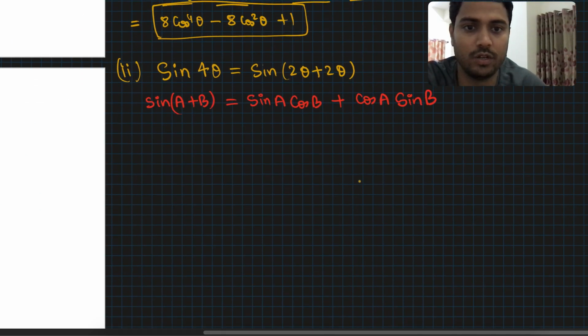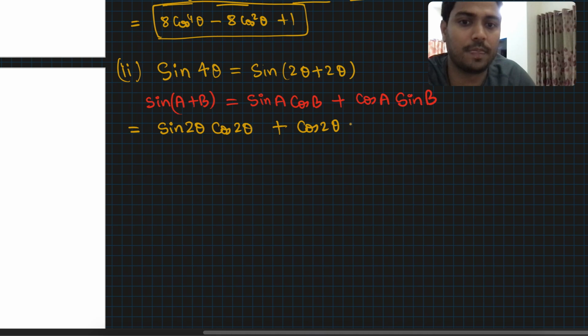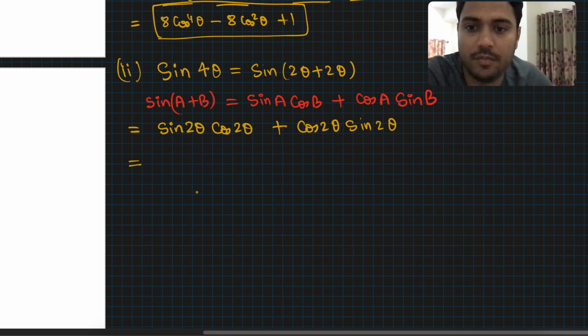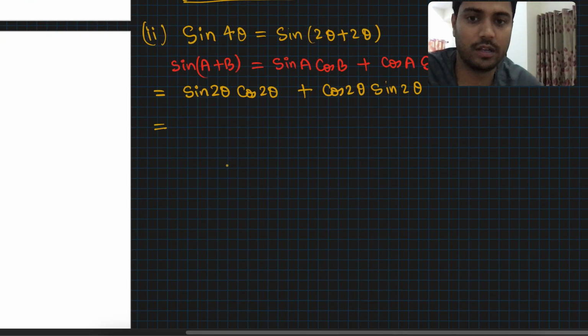So yeah, let's move on. So how can we prove it? So I'm writing sine a, so sine 2 theta multiplied by cos b, that is cos 2 theta, plus cos 2 theta and sine 2 theta. We have to convert everything to sine first of all.